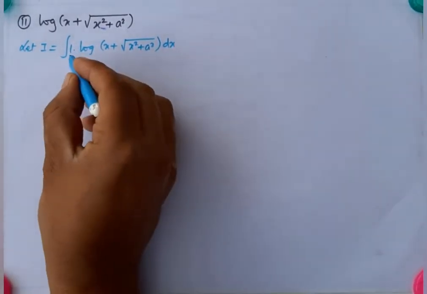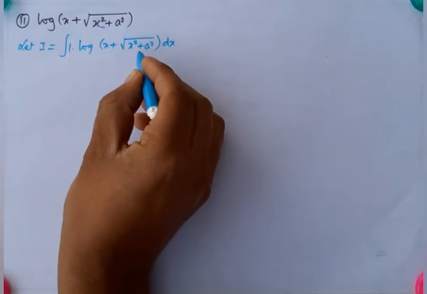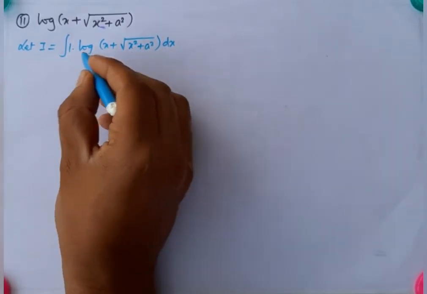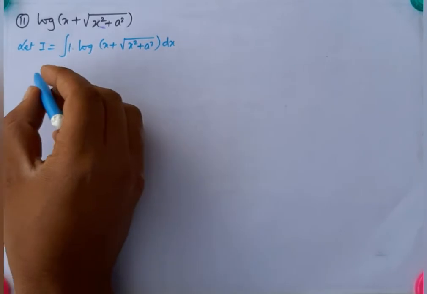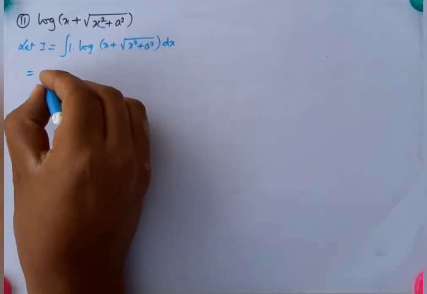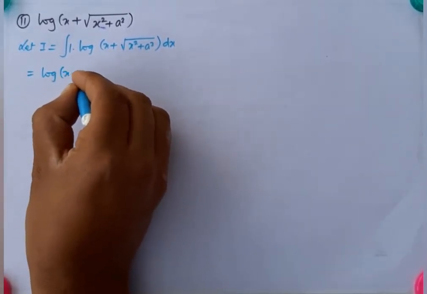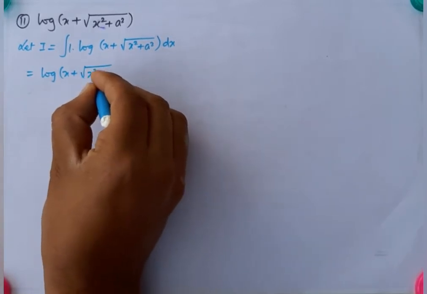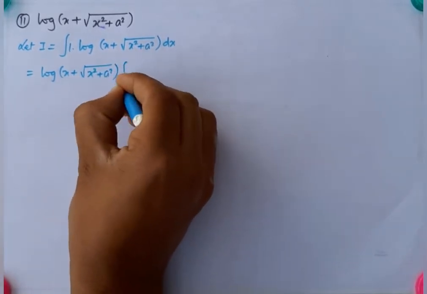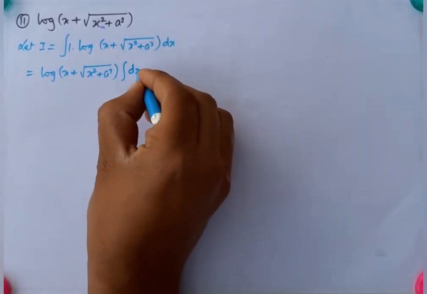Now, this is your constant, this is your logarithmic function. So L becomes your first function, C becomes your second function, right? So this is your first function, that is log of x plus square root of x square plus a square, integral of second function, that is dx only.